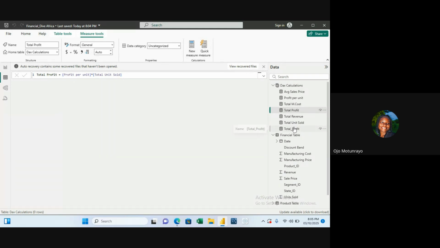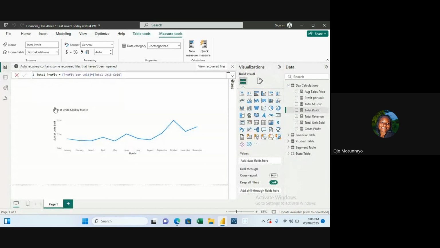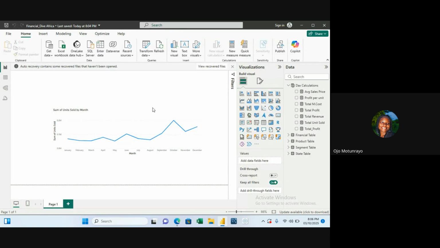And this one that I have here, I have total revenue. Let me see, I might even have the same thing. Let me check it in report view.